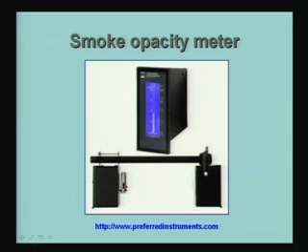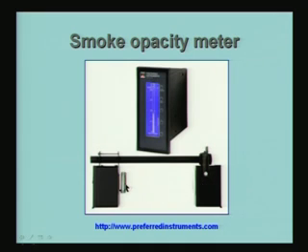So, the light which is leaving this source gets attenuated because of its passage through the dusty atmosphere or the smoke, and then it is measured by this receiver, which usually is a photo detector.